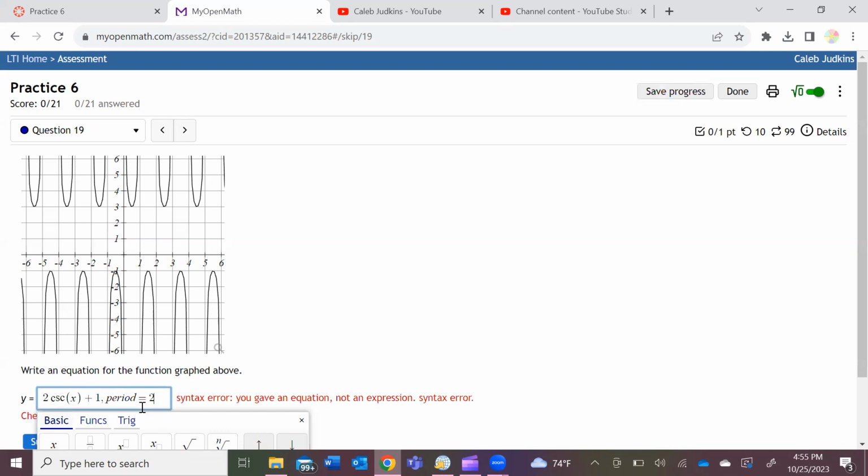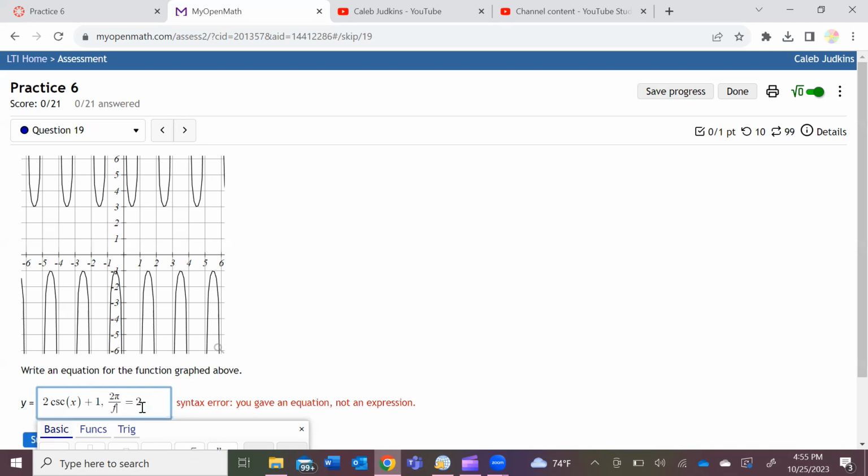My period is 2. Well, the formula for the period should be, in this case, 2 pi divided by f, where f is this number out front here. So I need to figure out what f is, but the f comes from this formula. Well, 2 pi divided by what gives me 2?